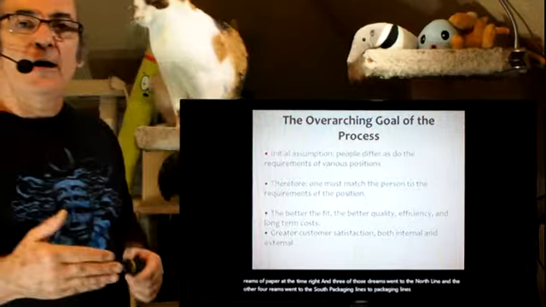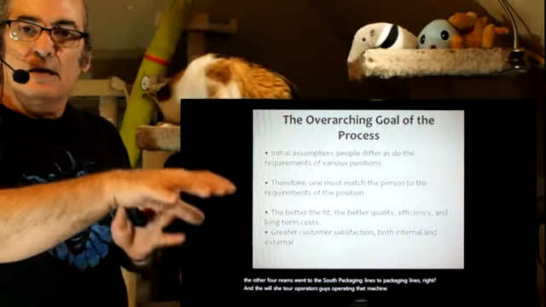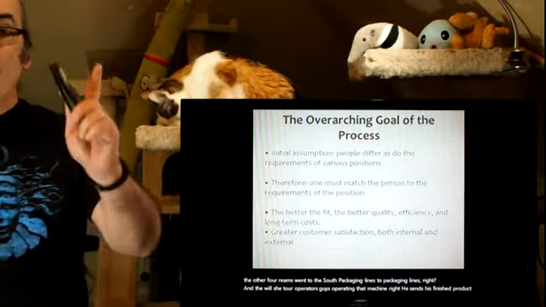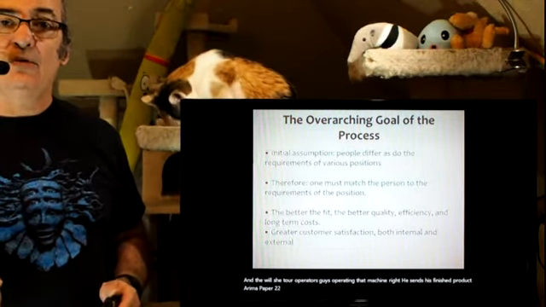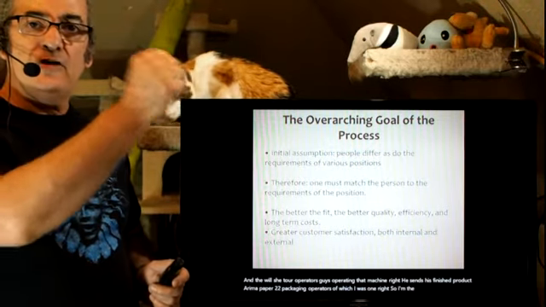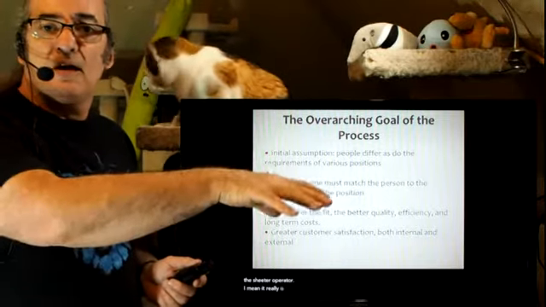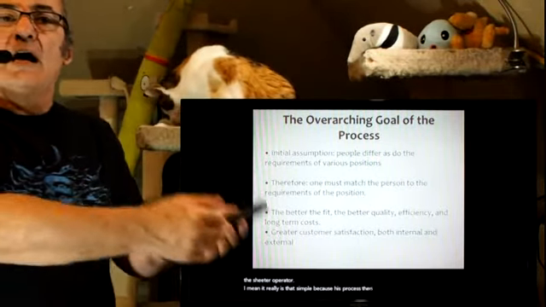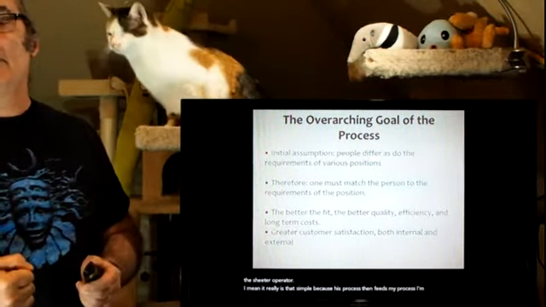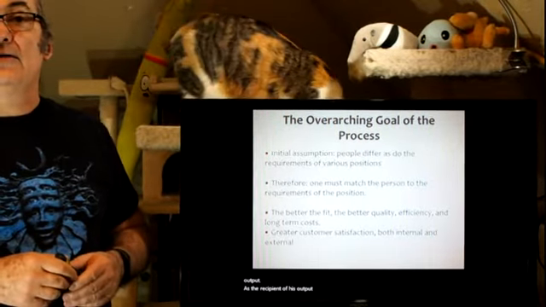And the wheel sheeter operator, the guy who's operating that machine, sends his finished product, a ream of paper, to 2 packaging operators, of which I was one, right? So I'm the internal customer of the sheeter operator. I mean, it really is that simple, because his process then feeds my process. I'm the recipient of his output. As the recipient of his output, then you can call me the internal customer.